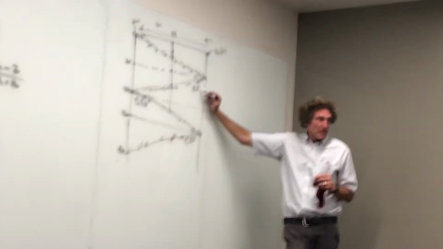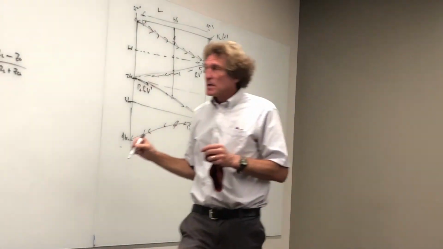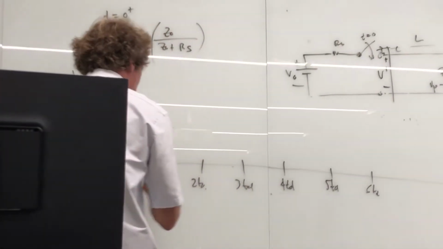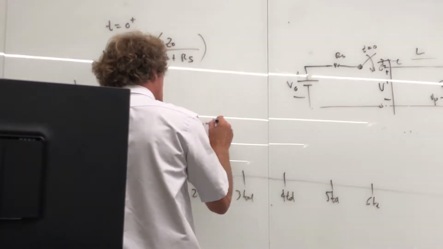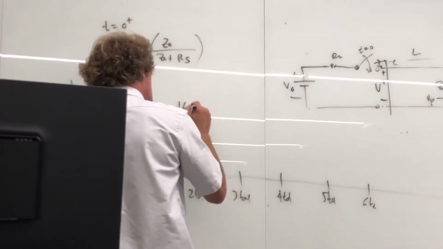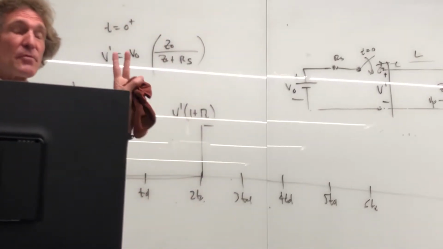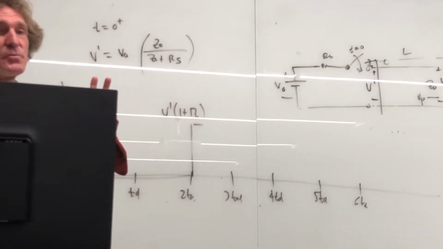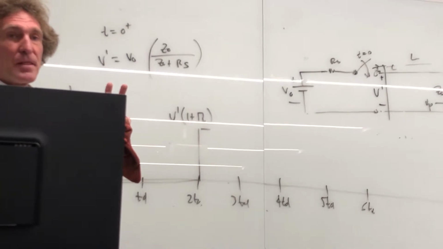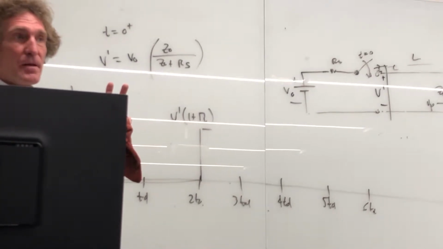You all see that? Everybody? So it's going to be 0, and then it's going to jump up to V prime times 1 plus gamma L. Not just V prime, because now you got the reflected and the incident superimposed. Does everybody see that?